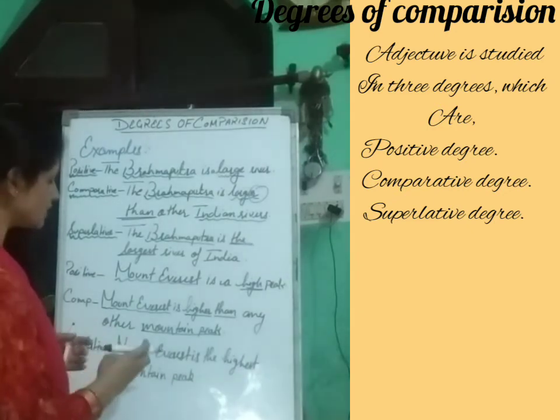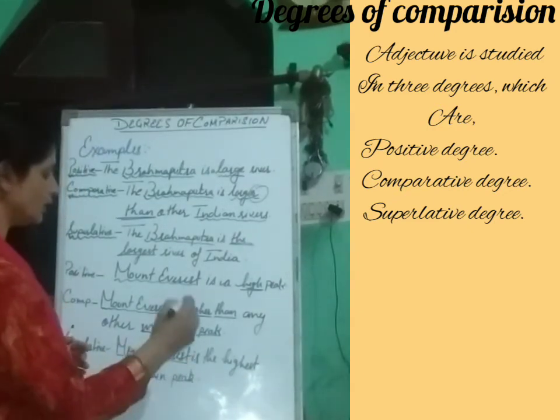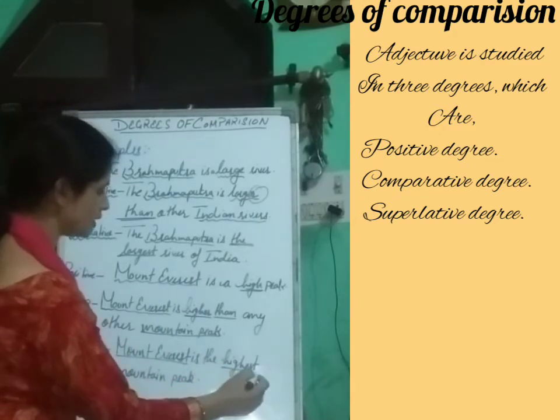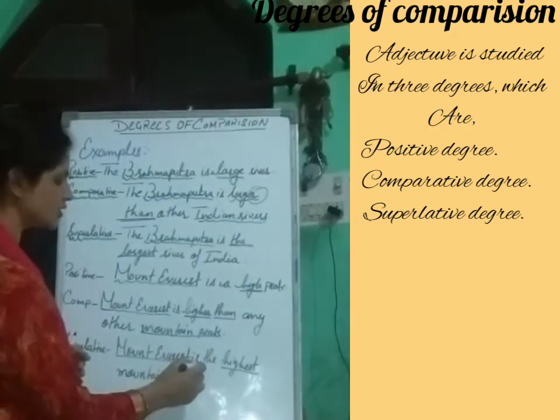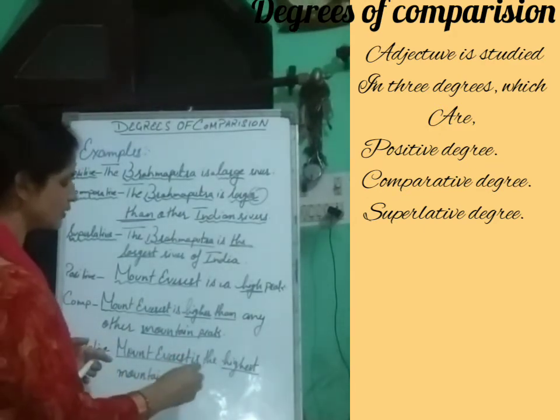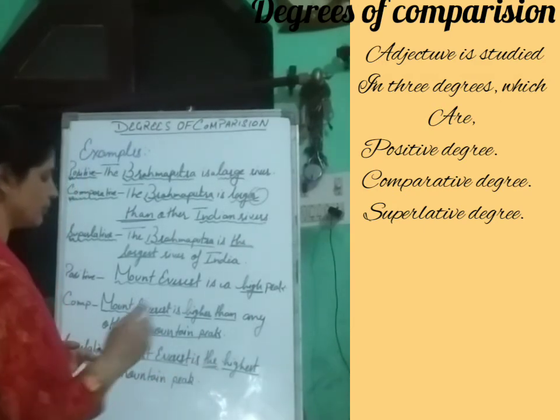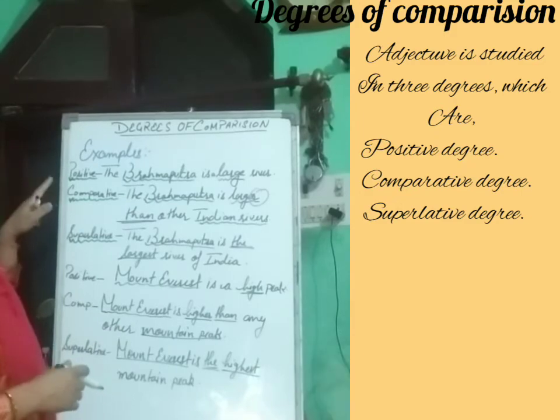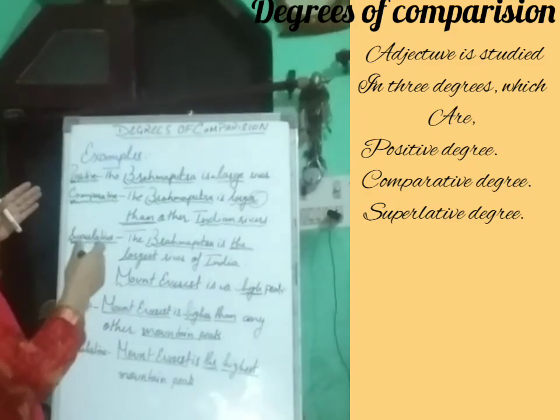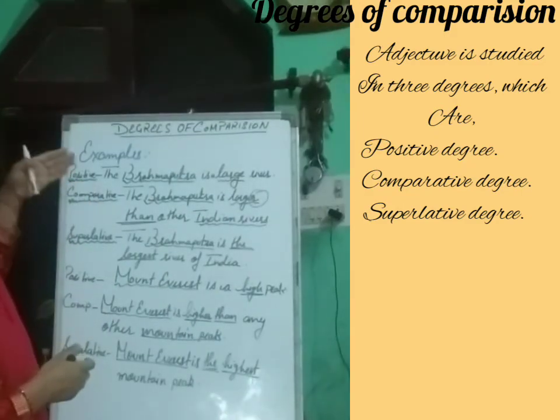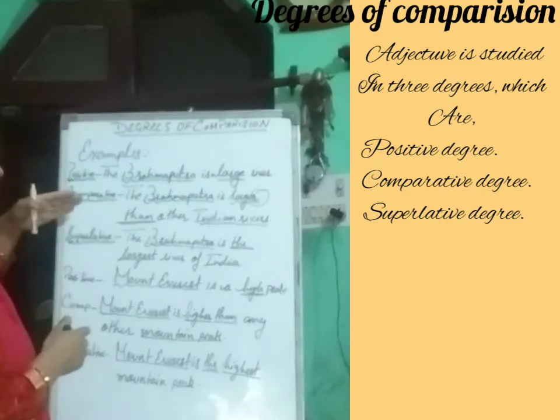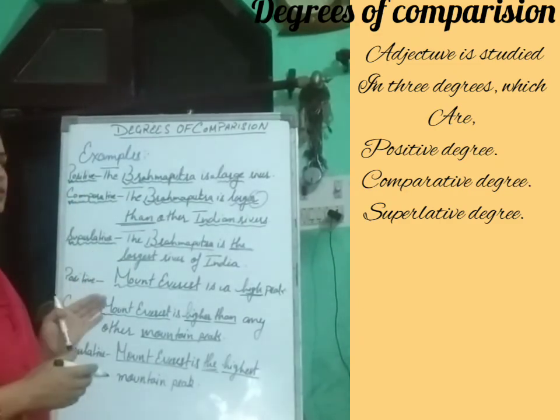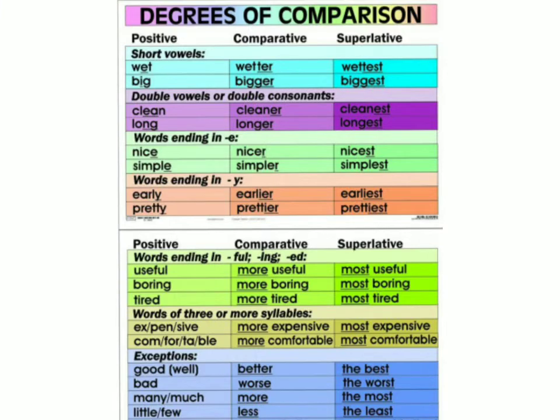So Mount Everest is the noun here, and this is the adjective, and before this adjective we have to use the. That is very compulsory. Okay, so in this manner, children, we come to know how to make a comparison and how we can get the superlative degree.